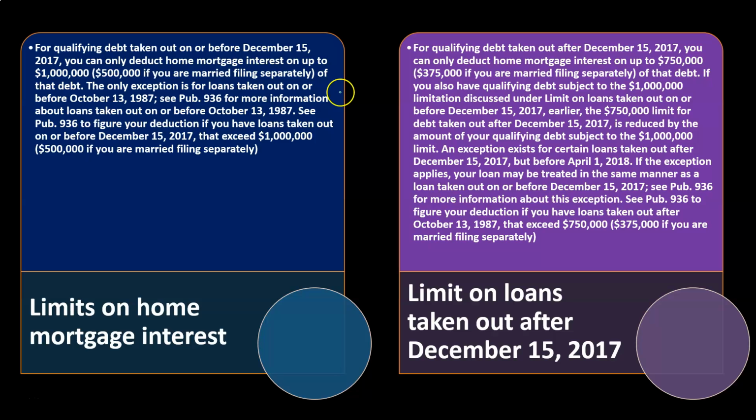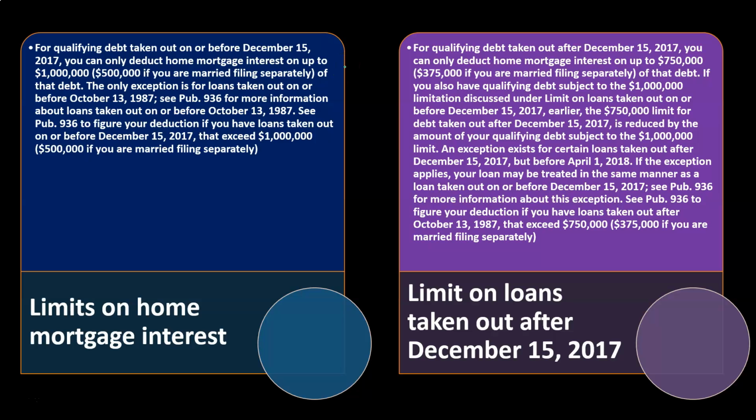So let's go over it one more time. For qualifying debt taken out on or before December 15th, 2017, so the debt was taken out before that time. Obviously, as of now, 2020, if you're filing the tax return in 2020, it has not yet been paid off, but the debt was taken out before this date, December 15, 2017.